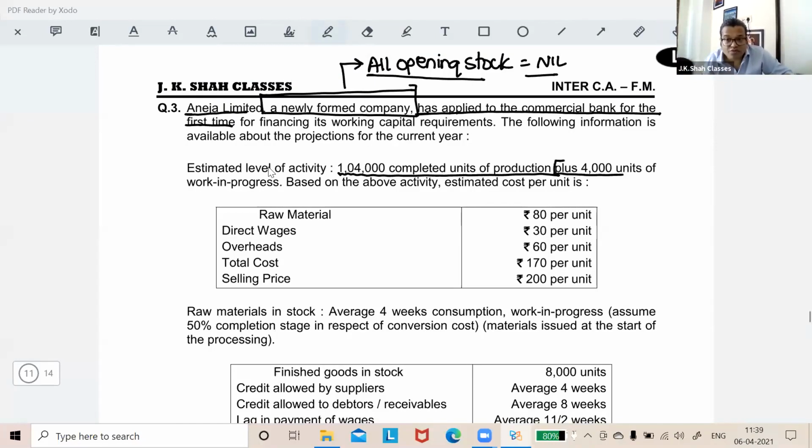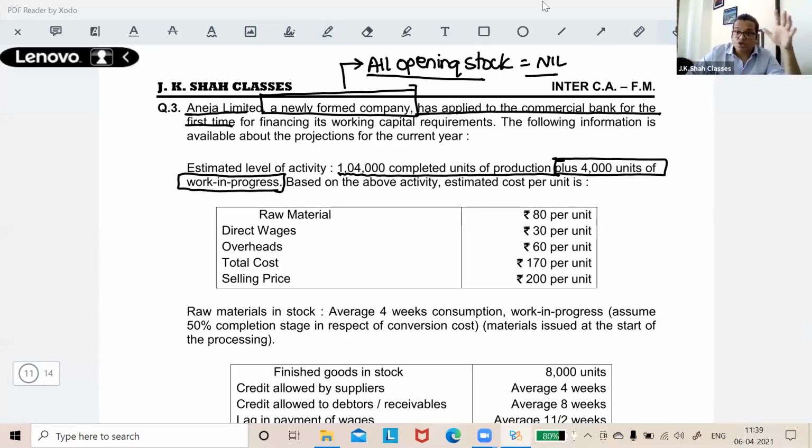Also, there are 4,000 units of work in progress. So you expect that 1,04,000 would be completely ready and 4,000 would be in WIP. So what would be introduced into the process? Will it be 1,08,000 introduced into the process?